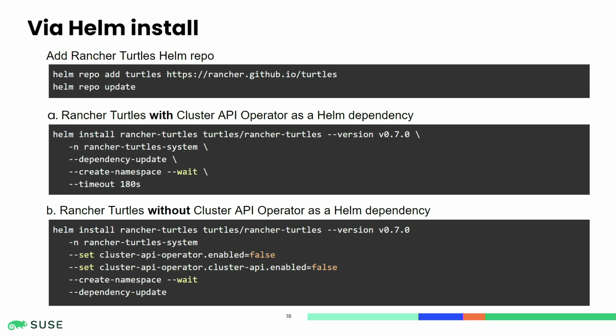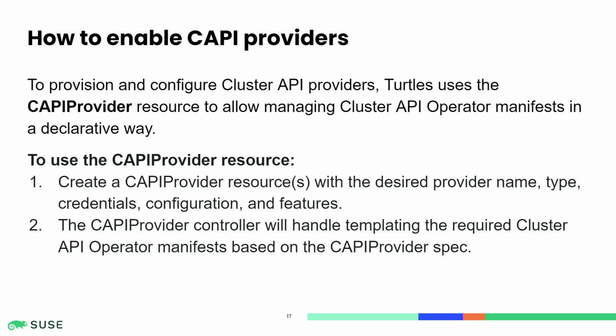So, okay. Now, a short overview of what we're gonna show in the demo, and also what is a CAPI provider. This is the abstraction layer on top of clusterctl providers and the providers in the CAPI world.